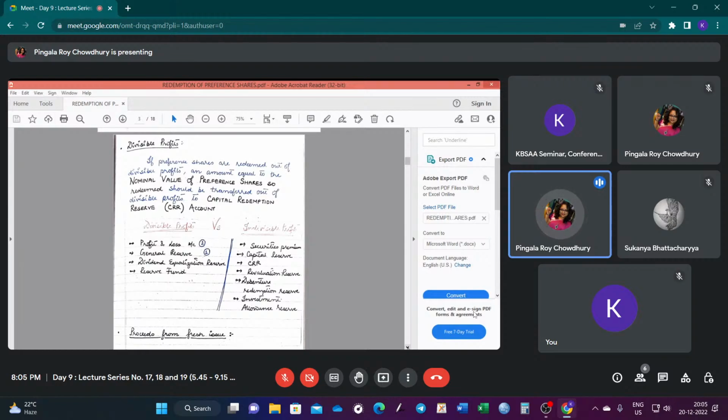The main purpose of this is to make you understand that when we are setting aside a part of the divisible profit to capital redemption reserve, the first reserve which you have to utilize is the general reserve. So we will start from general reserve and then move on to profit and loss account unless otherwise stated, because profit and loss account is often used for many other purposes. That is why we usually focus mainly on general reserve to set aside this amount, and then we move on to profit and loss account.